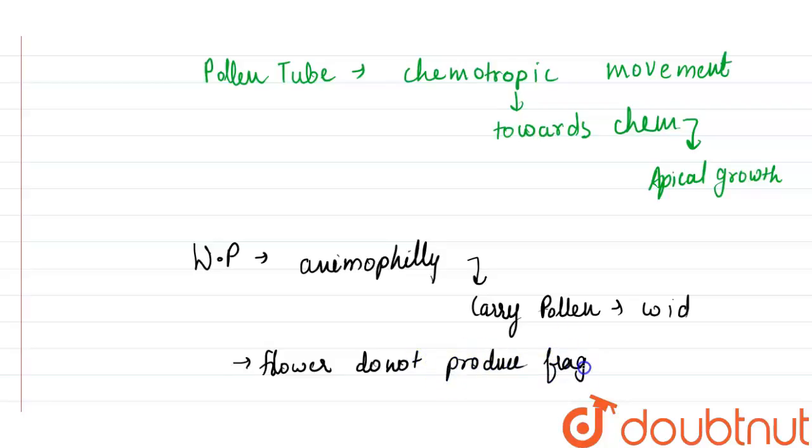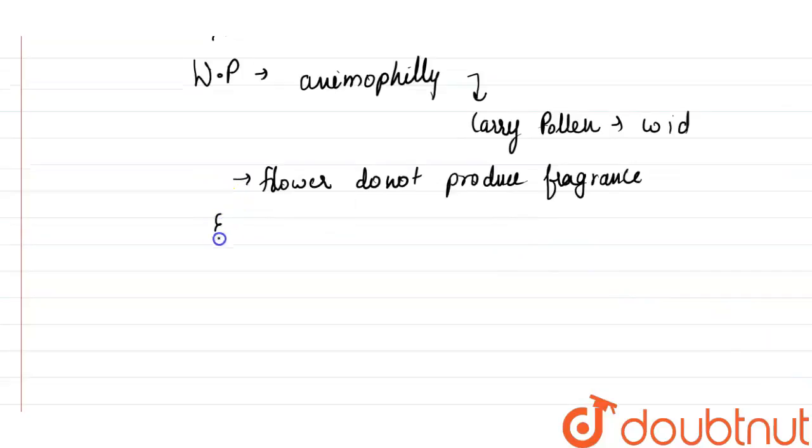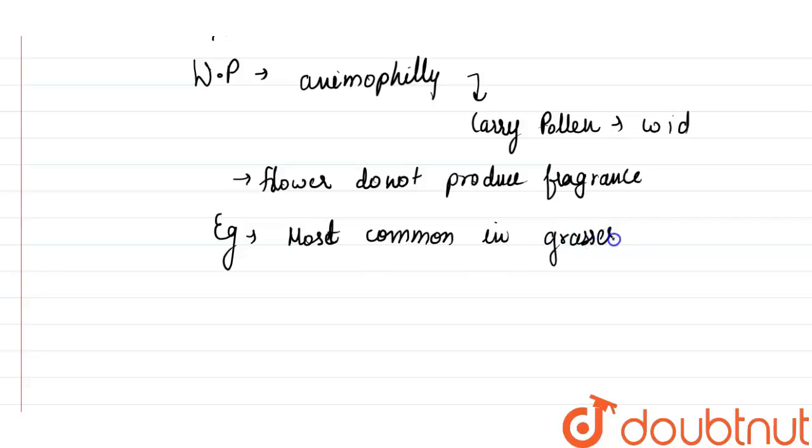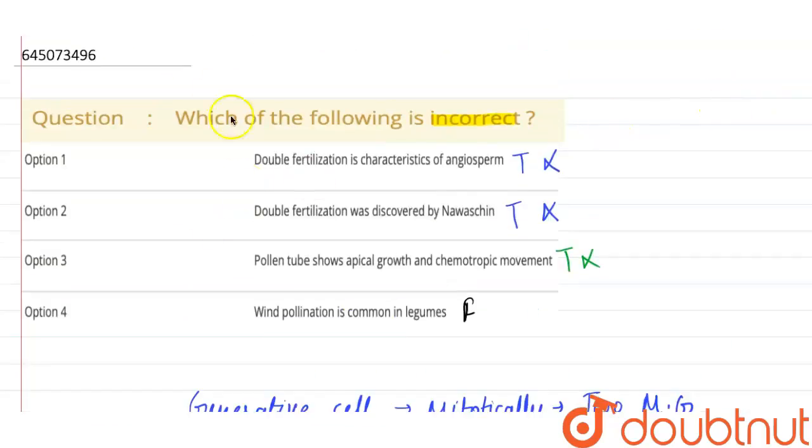And the wind pollination is non-directional, and this wind pollination is not common in legumes, as it is most common in grasses, as we know that grasses do not produce any fragrance. Therefore the correct answer will be the last option, as it's an incorrect statement.